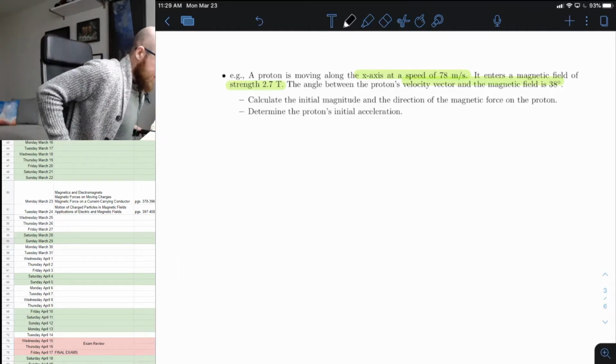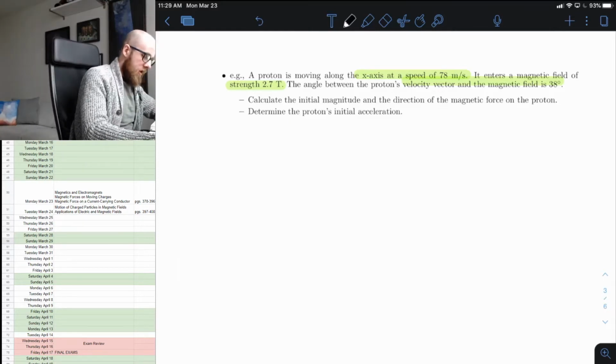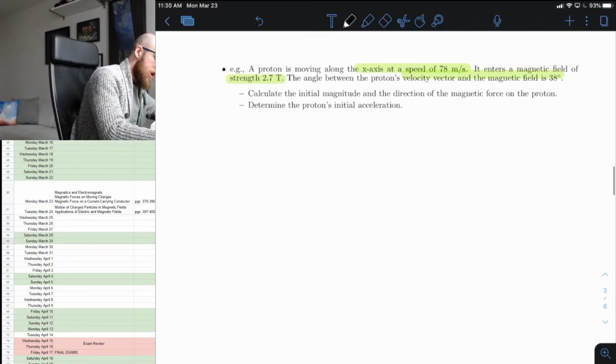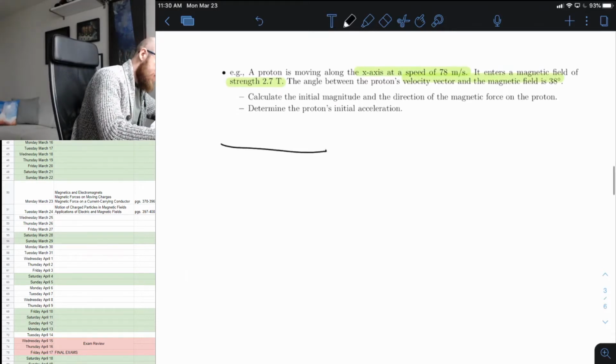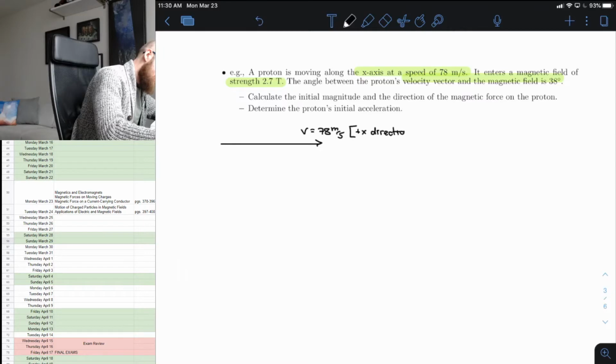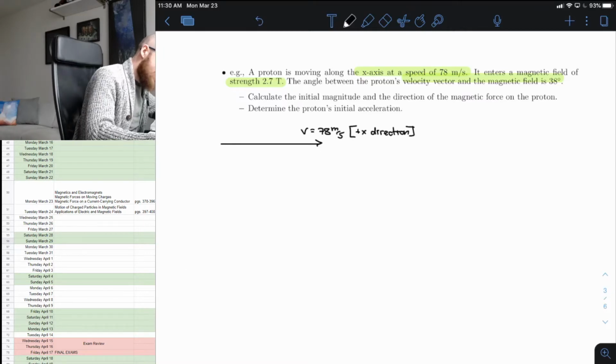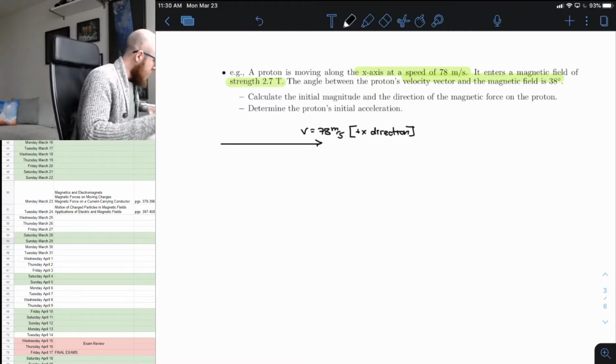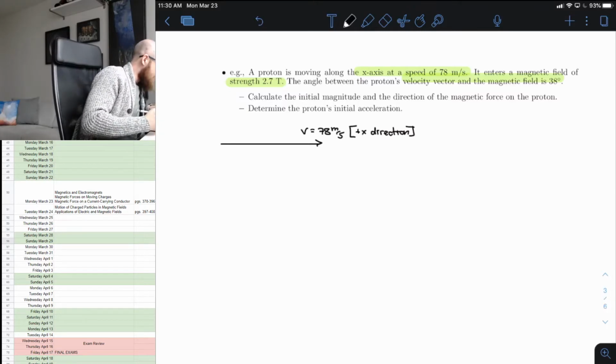All right. Okay, so let's go with this one. The proton here is moving along the x-axis. Our velocity is 78 meters per second, and the velocity vector is pointing in the positive x direction. It enters a magnetic field of strength 2.7 Tesla. I didn't write down what direction the magnetic field points, but we know the angle between the two.